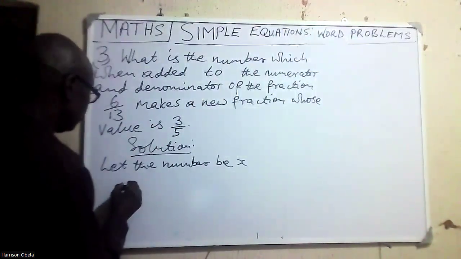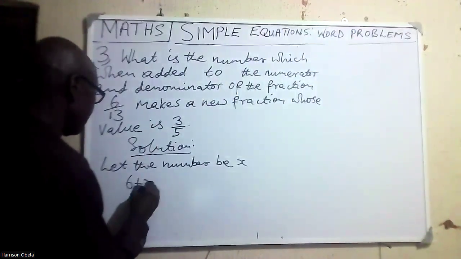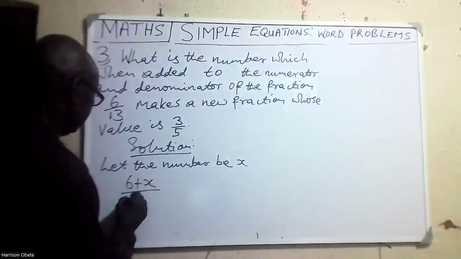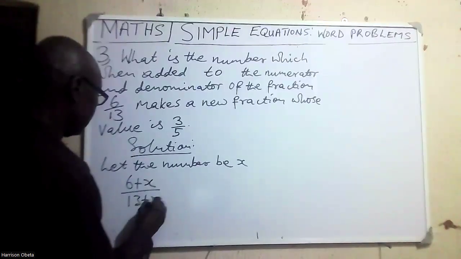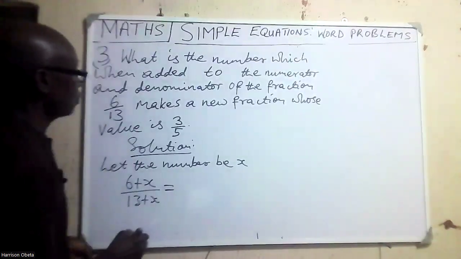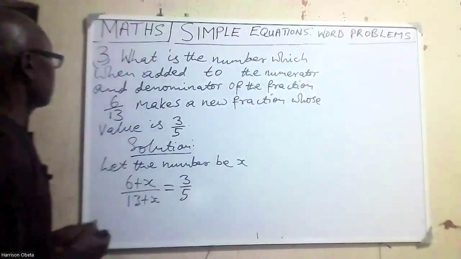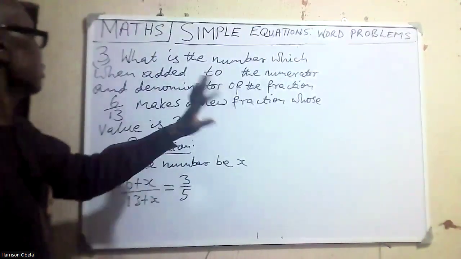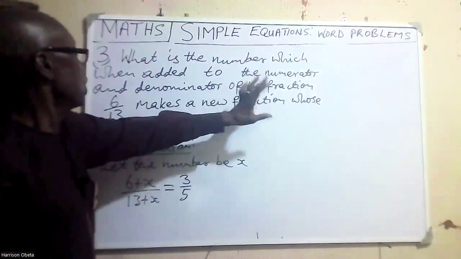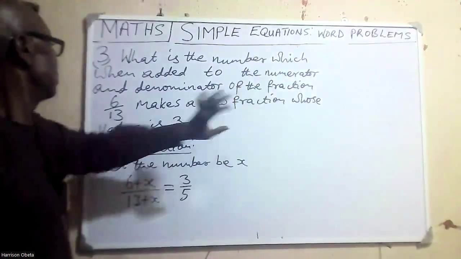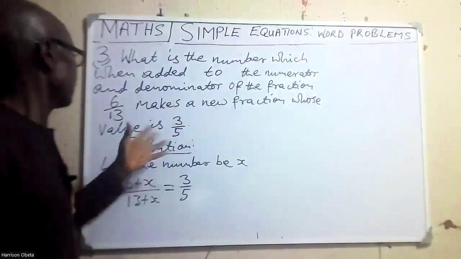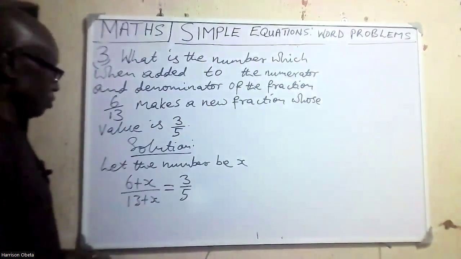Okay, so that is 6 plus x all over 13 plus x is equal to 3 over 5. Because we are told that we have to find the number so that when you add it to numerator and denominator of this, it makes a new fraction, which value is this. So we cross multiply.